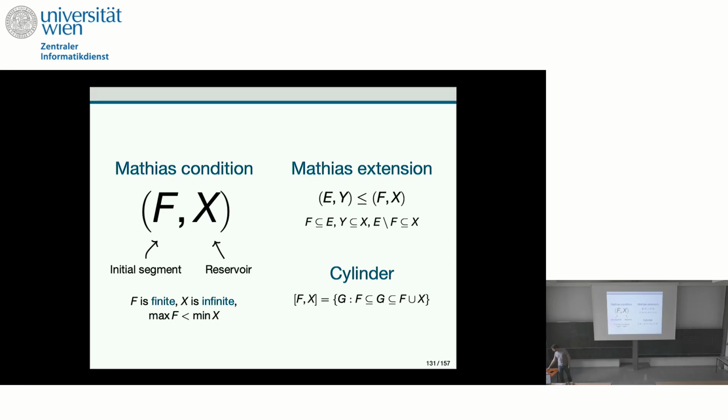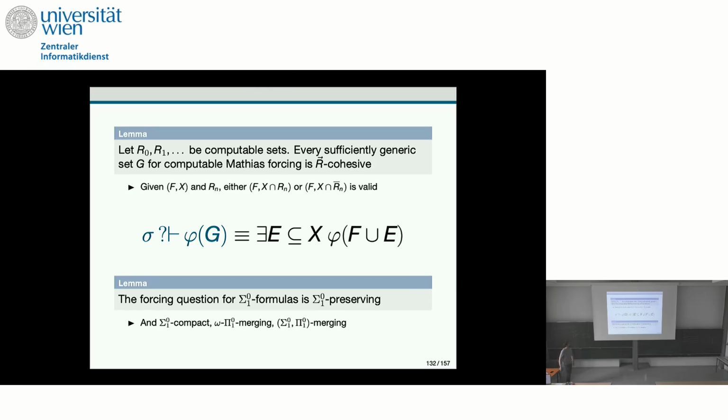And so this naturally produces cohesive sets, even if you restrict yourself to computable Mathias forcing, that is, Mathias forcing for which the reservoirs are computable. If you have a countable sequence of computable sets, even if it's not uniformly computable, if each of them is computable, then every sufficiently generic set for computable Mathias forcing produces an R-cohesive set.